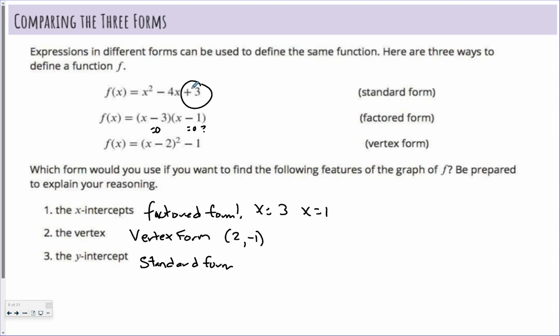But standard form, the constant term is 3, so my y-intercept is also equal to 3. And I know that because if I plug 0 in for the x's, I'm going to get 0 minus 0 plus 3, which is 3. So just be careful, though, with that vertex form.